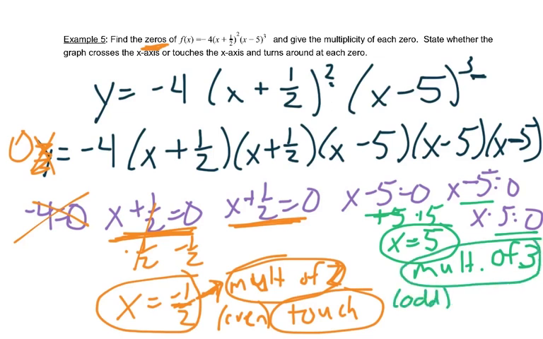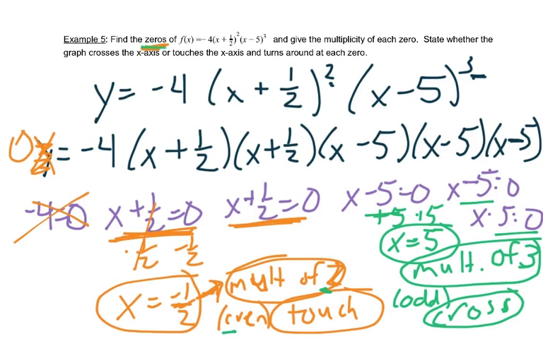That's odd, because 3 is odd. Here it was even because 2 is even. And that means that the graph is going to cross at that x-intercept. Okay, if the multiplicity is even, it touches. If the multiplicity is odd, it crosses.